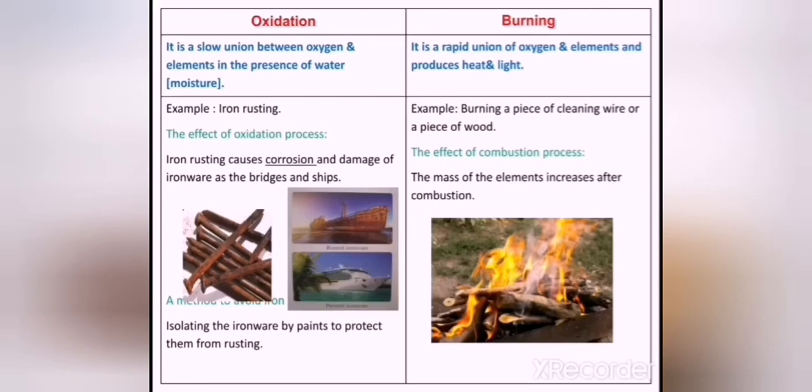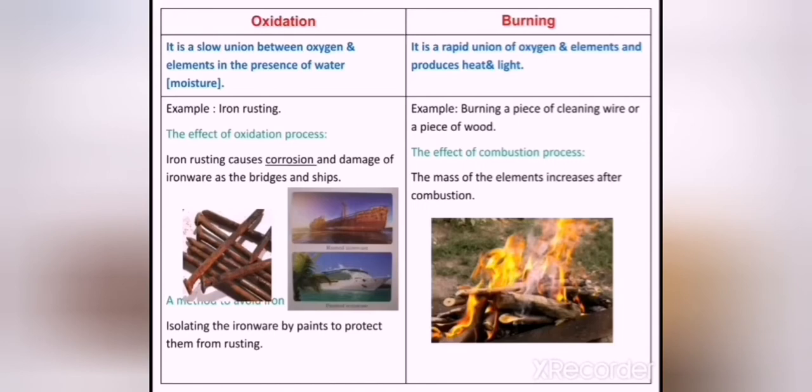What is the bad effect of the oxidation process? It may cause damage to the ironware. And how to avoid the iron rusting? By painting the ironware to protect it from rusting.